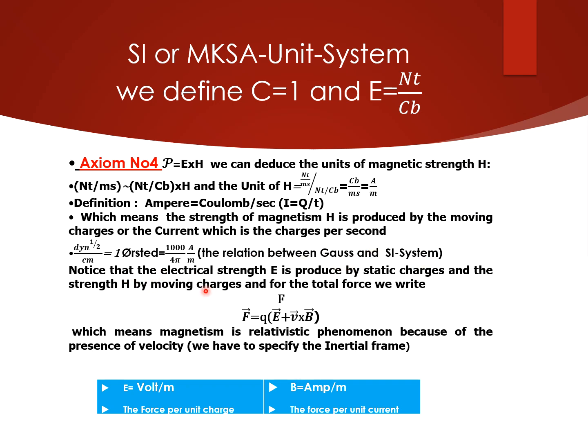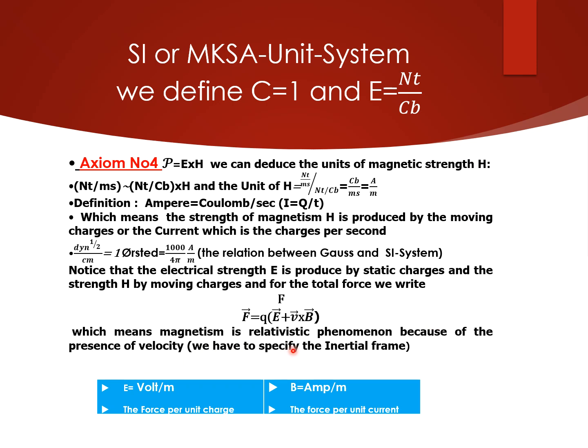Notice that the electrical strength capital E is produced by static charges and the strength H by moving charges. And for the total force, we write F equals Q times E plus the cross product of V and B, which means magnetism is a relativistic phenomenon because of the presence of velocity.